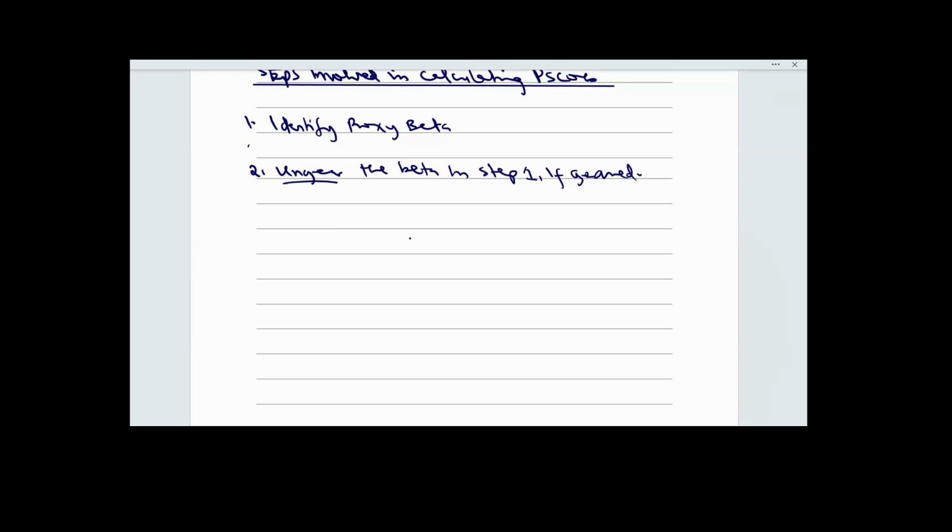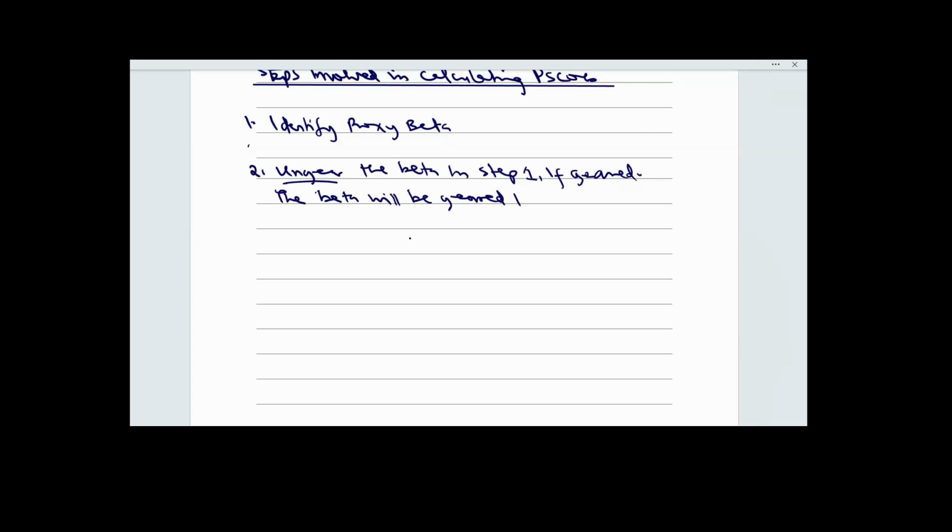The beta will be geared if the company finances its operation with debt capital.